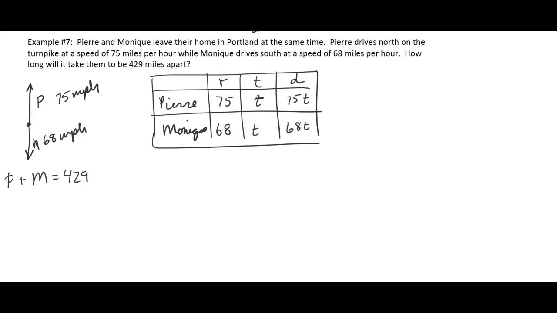And then together, the 75T, so how far Pierre goes plus how far Monique goes, those are their distances. That's what has to equal 429. Okay, so what's 75 plus 68? 143.